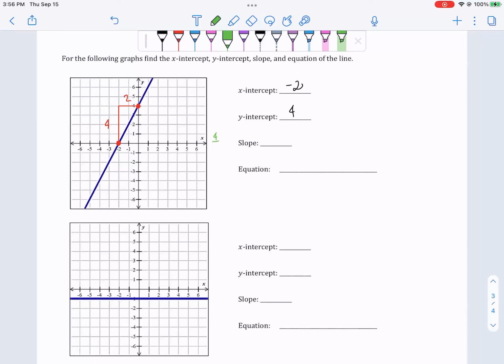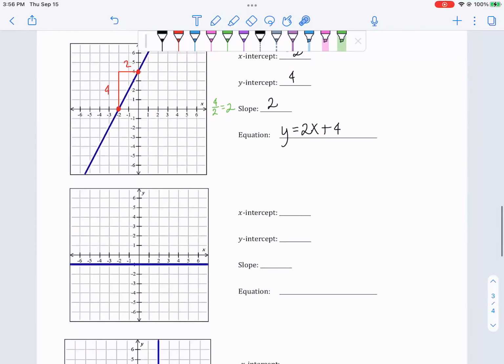Rise is 4, run is 2, and 4 divided by 2 is 2. So the equation of this line is y equals 2x plus 4. In y equals mx plus b, b is always the y-intercept.